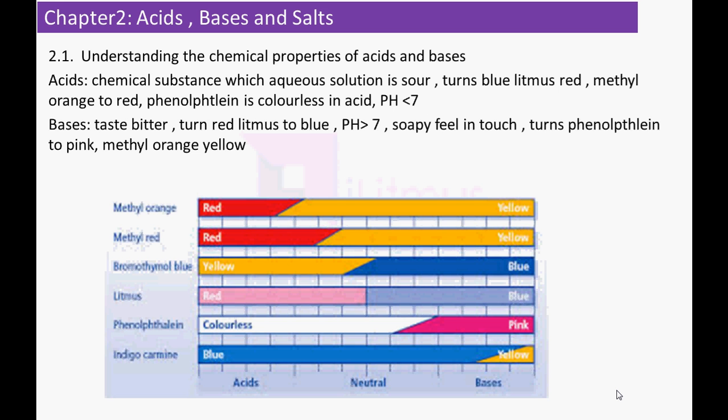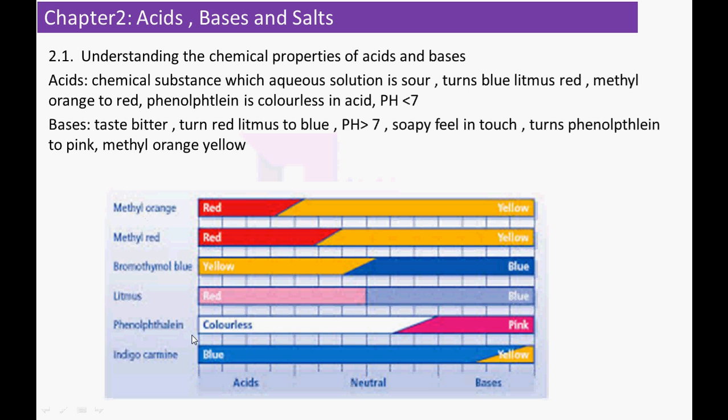So this is the typical representation. On this side methyl orange becomes red, this is neutral, which is pH 7, and below this is the property of acid. There are different indicators: methyl orange, methyl red, bromothymol blue, then phenolphthalein.